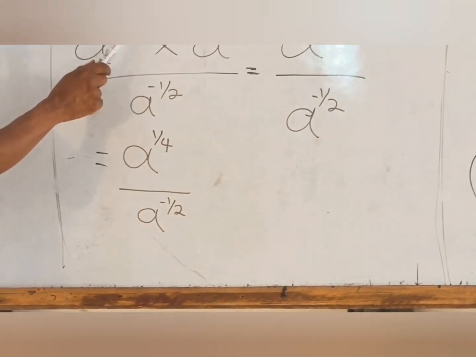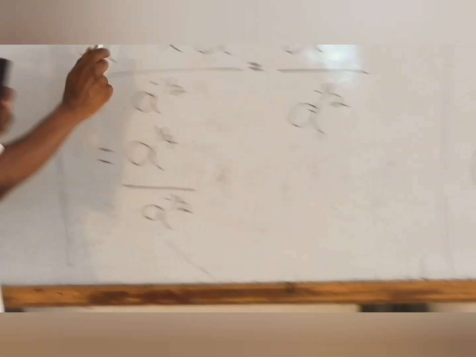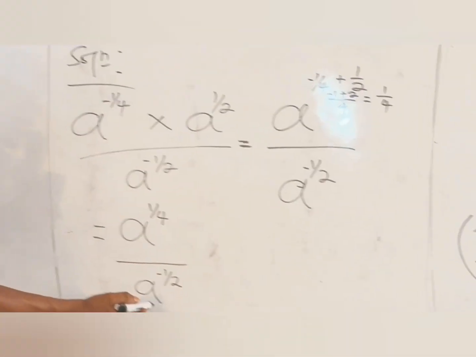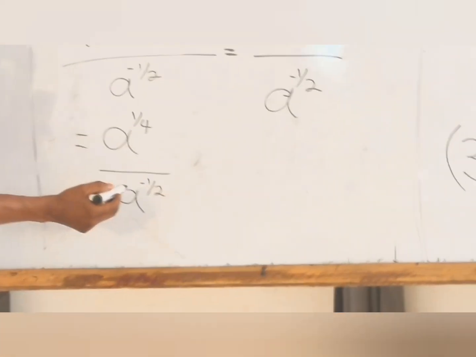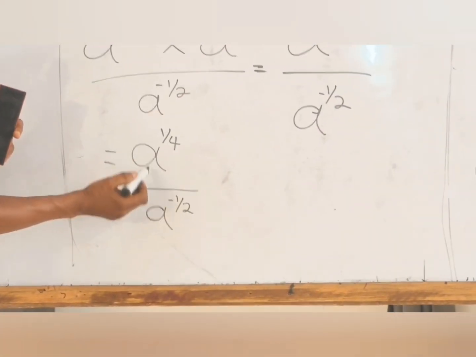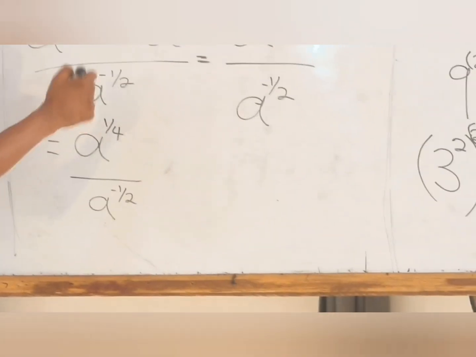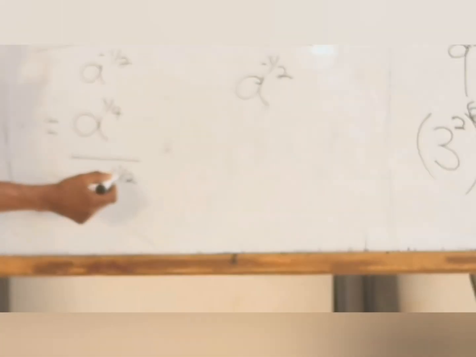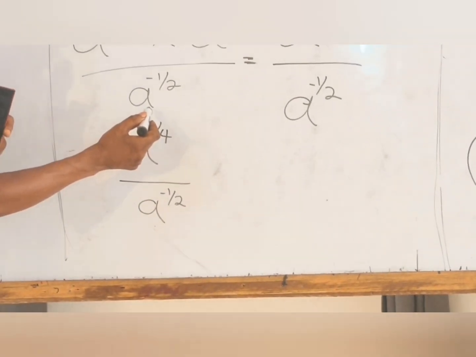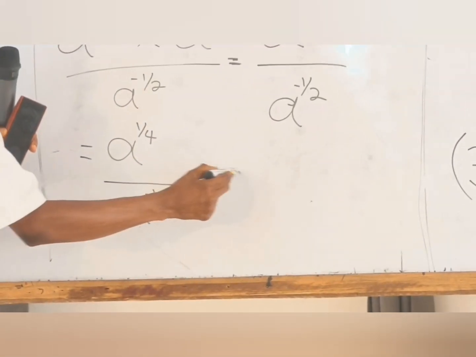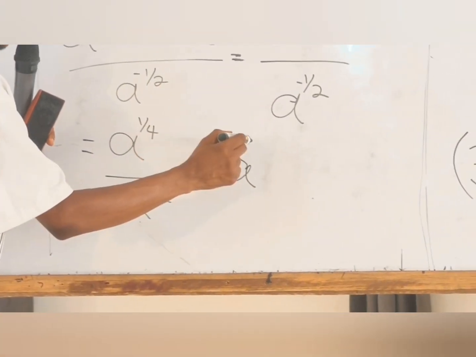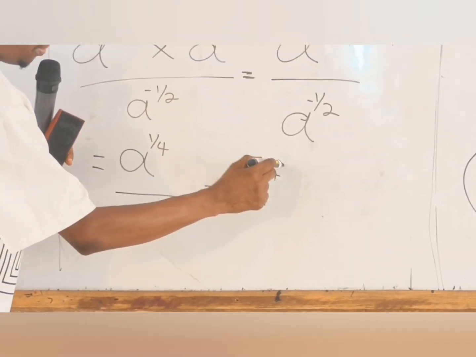So we have applied law 1 to the top. Now we have this over this. Who can tell us? Law 2. When it's a fraction, what do you do to the indices? You subtract which one from which one? The down power from where? The top power. So you are going to get a to the power 1 over 4 minus.